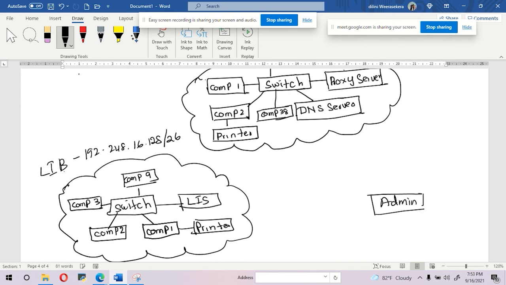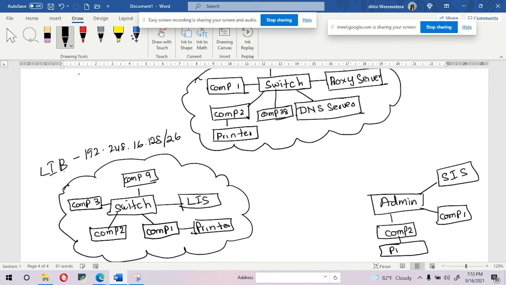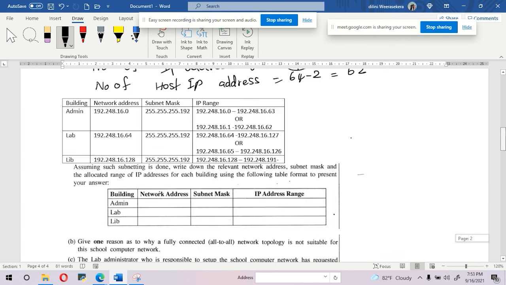In the admin also, one machine is given for the student information system. And here you have computer one. And you can see computer two connected to the printer. So you can have here computer three. And 10 machines are there. One machine is given. Sorry, how many machines are there? 4 or 5.